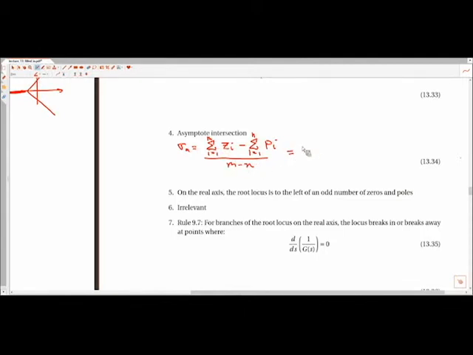We have then 4 poles. The 4 poles are at negative 2, negative 4, negative 4, and 0. One zero, 4 poles. And this gives us an intersection point of negative 9/3, which equals negative 3. All right, any questions about that?